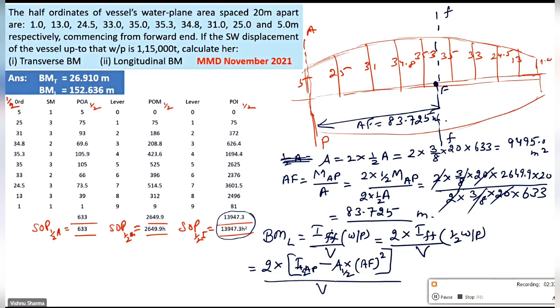Now tell me, if anybody has any doubt: which is the axis passing through the centroid? Is it FF or AP passing through the geometric center of the area? FF. So as per the theorem of parallel axis, IAP is equal to IFF plus area into D square. Yes or no?